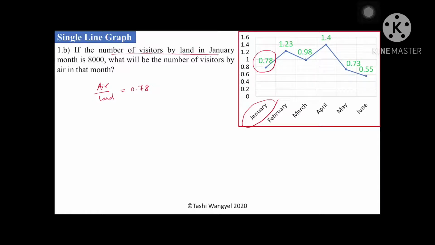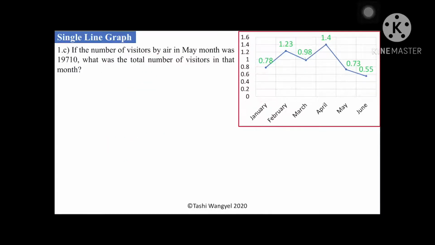Number of visitors by land is 8,000, so number of visitors by air is 0.78 times 8,000, which is 6240. Therefore the number of visitors by air transport is 6240 only.